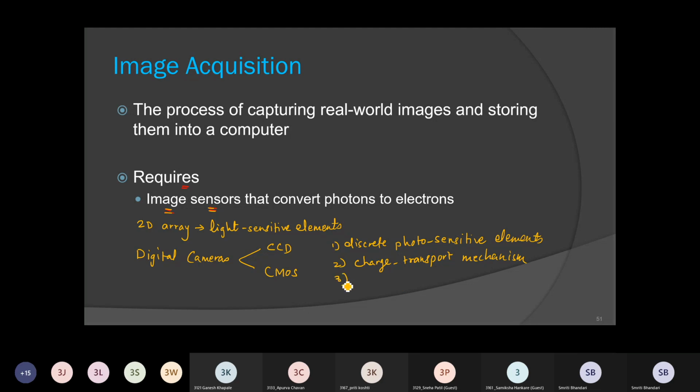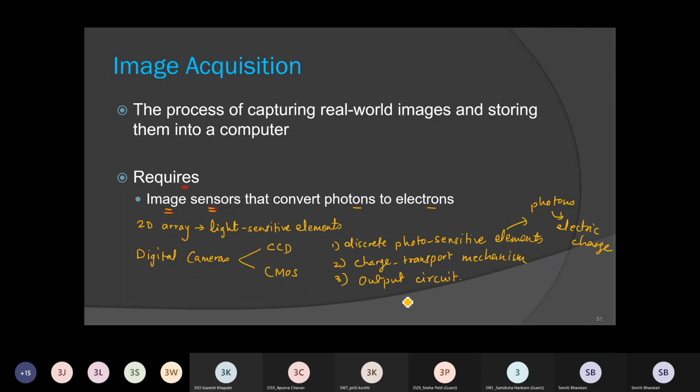And it also has the output circuit, right? So the photosensitive sites or the photosensitive elements actually convert the incoming photons into electrical charges. Photons to electrons meaning it converts photons to some kind of electric charge.